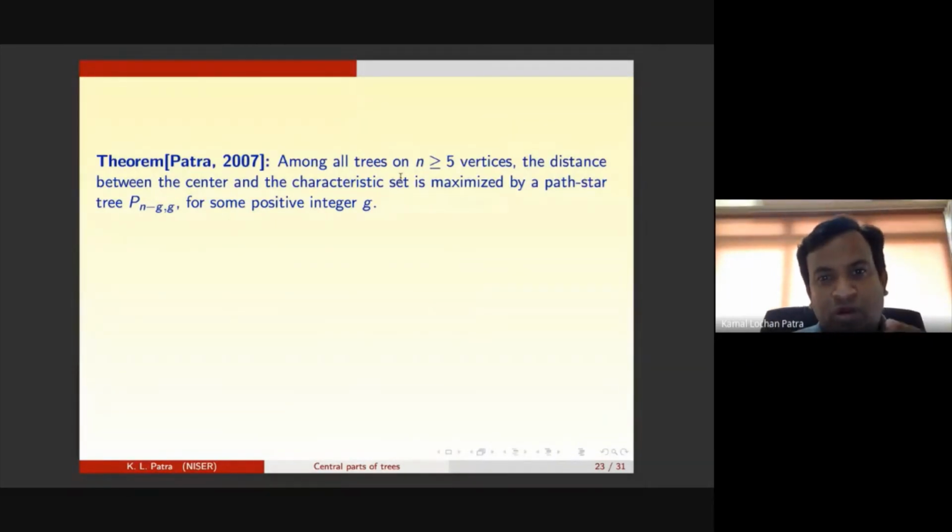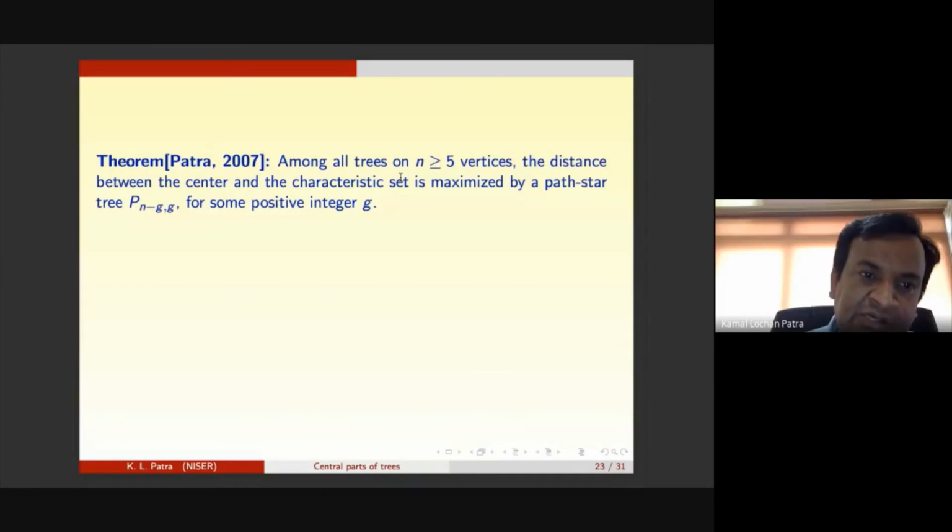And if we consider all trees on n vertices, the distance between center and centroid is maximized by a path star tree for some g. But in this case, though we know it is maximized by some path star tree, we could not find exactly which path star tree maximizes this distance.